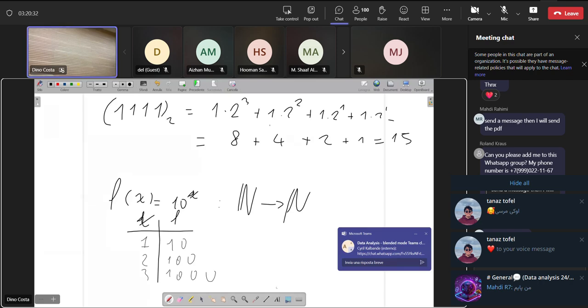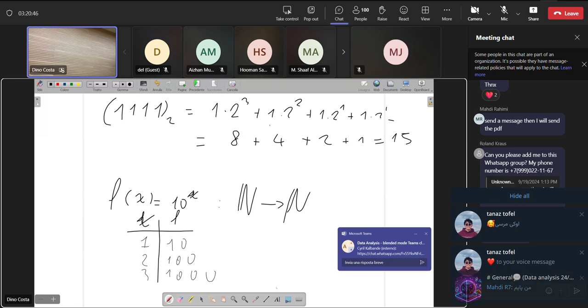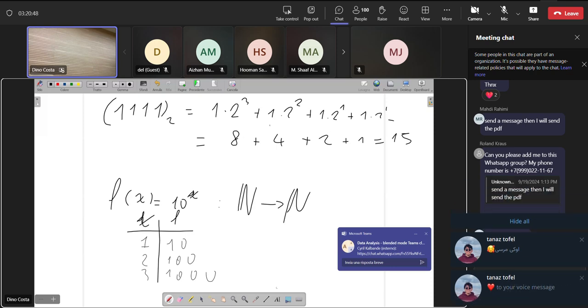But now, this is base 10, because this 10 is in base 10. But if we want to play on our computer, the bytes and everything are in base 2.